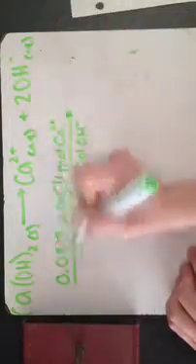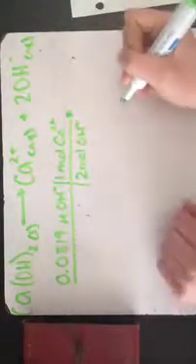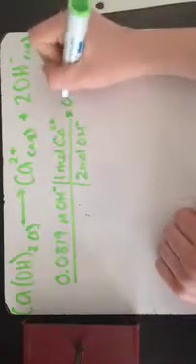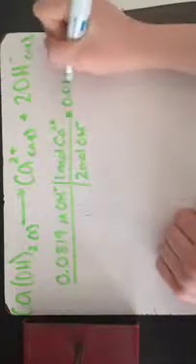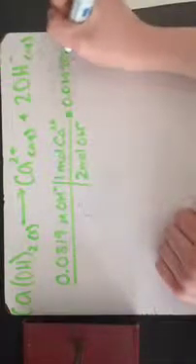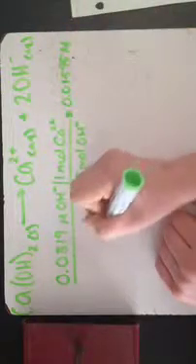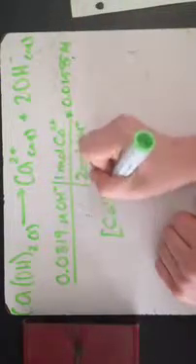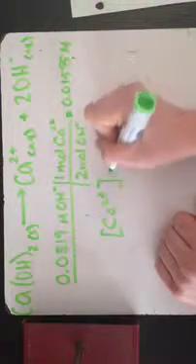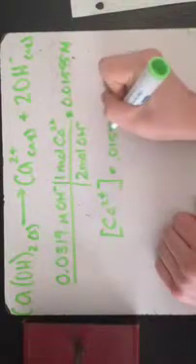So if you divide 0.0319 by 2, you should get 0.01595 molarity. So your concentration of Ca2+ is 0.01595.